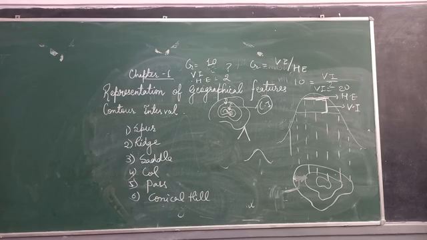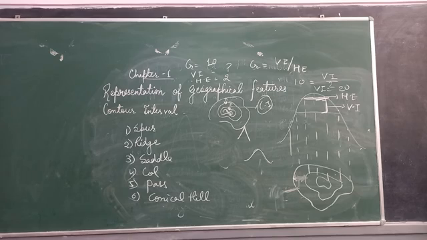So today we have studied about contour interval, the space between two contour lines. Then we have studied about contour spacing, steep slope and gentle slope. Then gradient, that is slope, which is Vi upon He, vertical interval upon horizontal equivalent, where you put the values in the formula and find the answer.